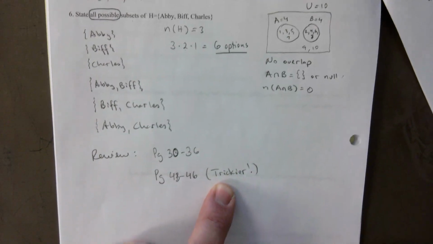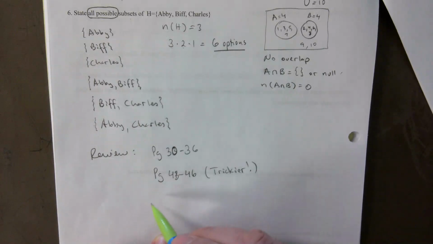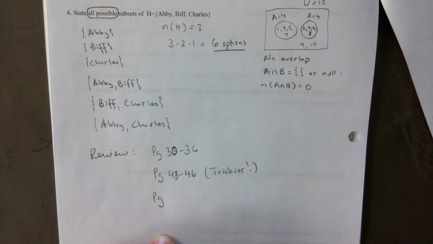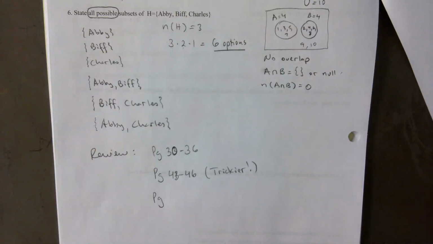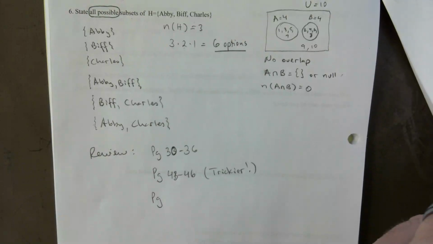So I would definitely camp there. If you haven't done them all yet, I'd spend a significant amount of time there, because you got to know where do I put the numbers on my Venn diagram to figure out the rest. And if you've done all of that, the last place I'm going to send you is 38 to 42.